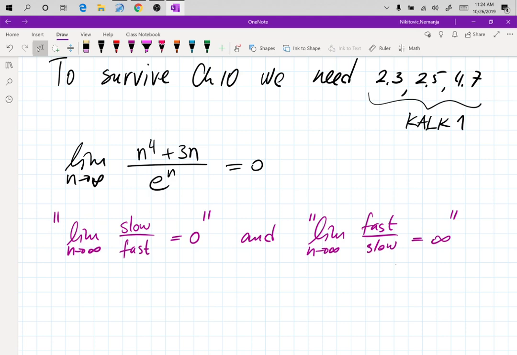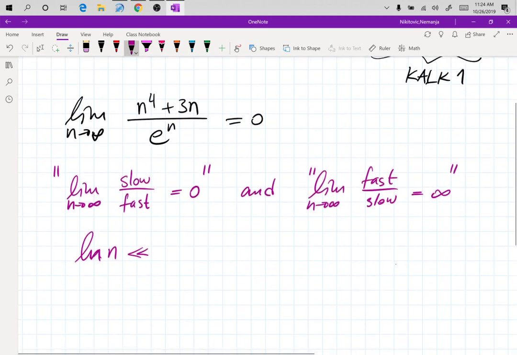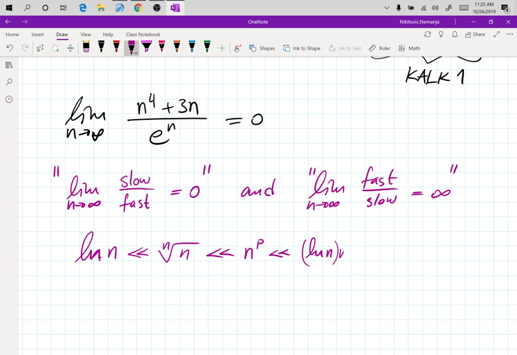We have ln of n to be the slowest, and then faster than that would be some kind of nth root of n, and then faster than that would be n to some power p, and then faster than that would be ln n times n to the p, and then faster than that would be e to the n, and then faster than that, one that is new, n factorial, you'll see that eventually, and then finally the boss of bosses, n to the n.